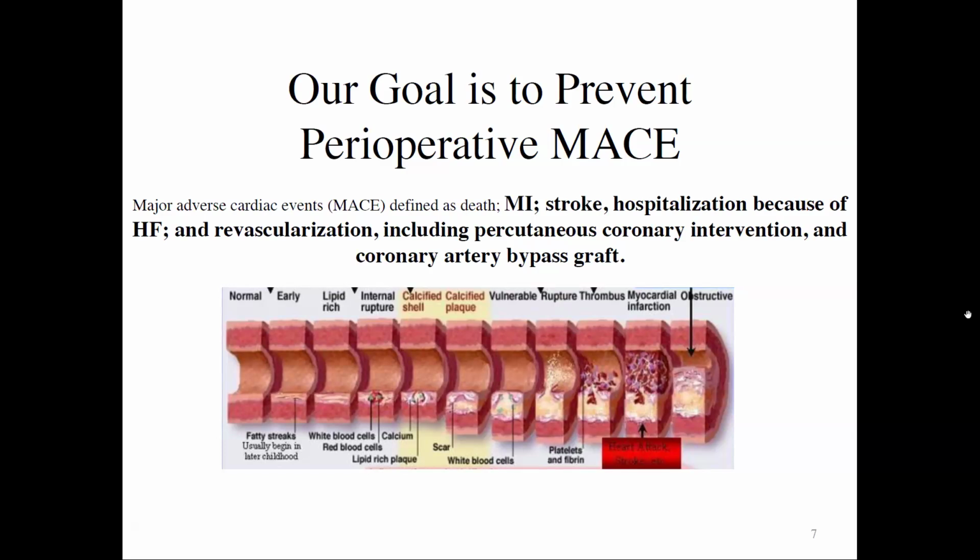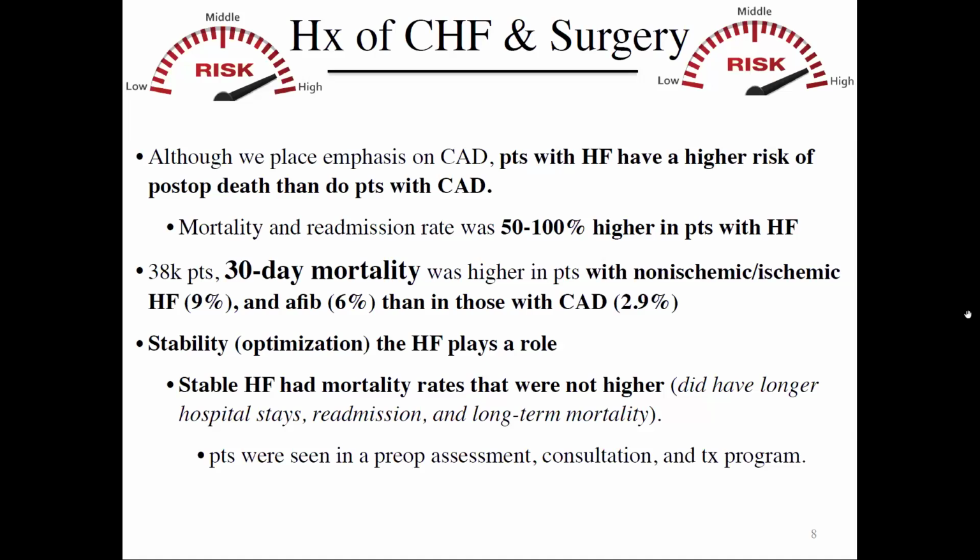So that's MACE. And this is probably my favorite, most important, eye-opening thing in the whole guideline, is that we are always talking about CAD. This guideline is really getting away from that. It's still important, but they're realizing that based on this cohort of 38,000 patients, the 30-day mortality in a CAD patient was 2.9%, but in the heart failure patient, it was 1 in 10 patients.